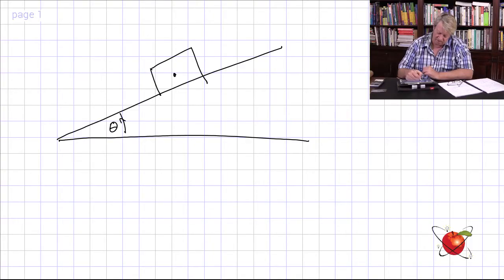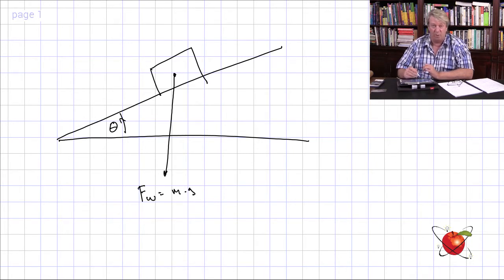You say, right, this is my FW, the weight, which is equal to M times G. We know G, and if you know M, you put it in. The second step is to put the weight into components like that.